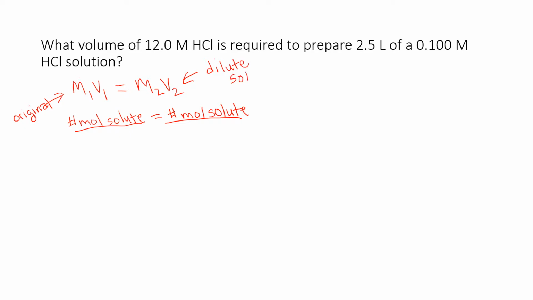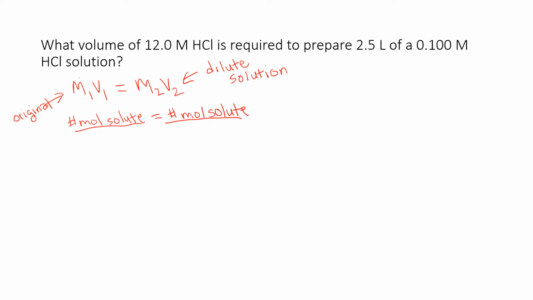solution. Okay, and so what we need is the number of milliliters or liters from this 12.0 molar concentration of HCl that would ultimately give us the 0.100 molar concentration of HCl that's diluted to a volume of 2.5 liters.